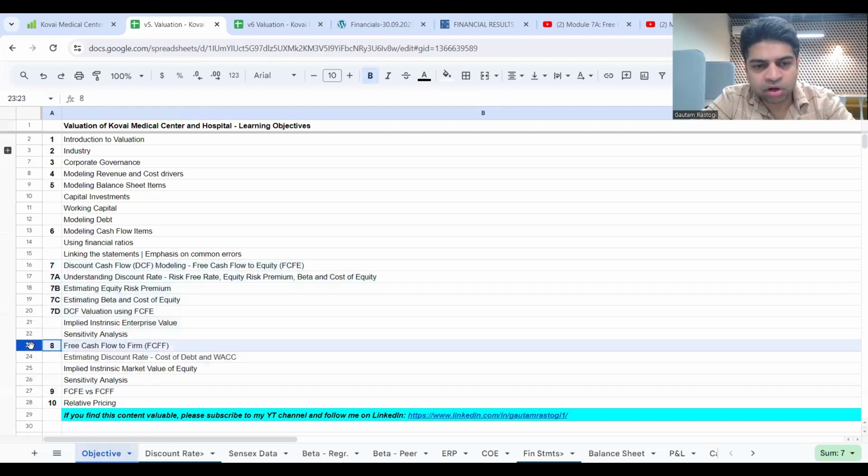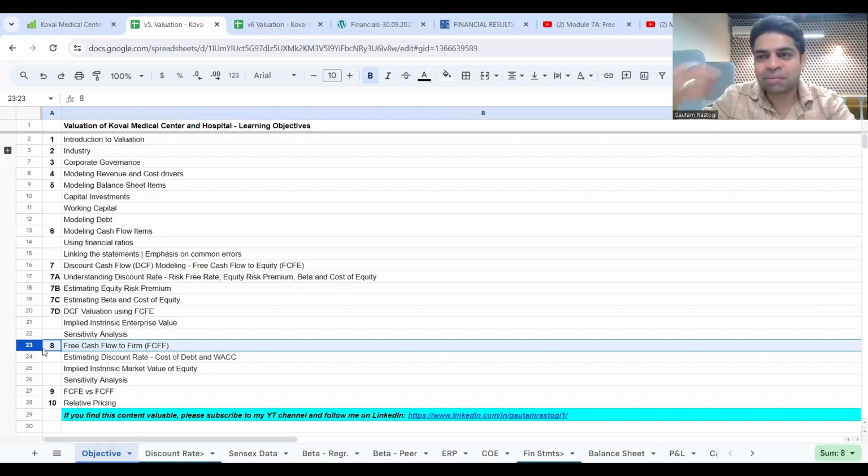Now the next module is free cash flow. We'll estimate the value of this firm using the free cash flow to the firm method. This is another method of valuation. The interesting thing about this method is that we don't have to get into the jhanjat of estimating debt in the future. That's why a lot of people recommend this method, because you don't have to make any assumptions on debt.